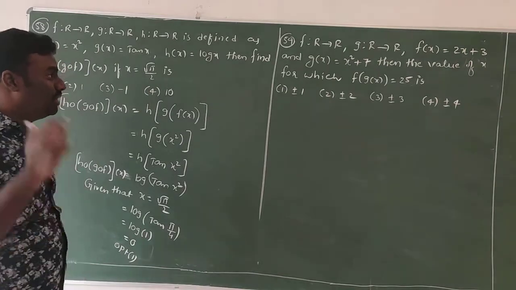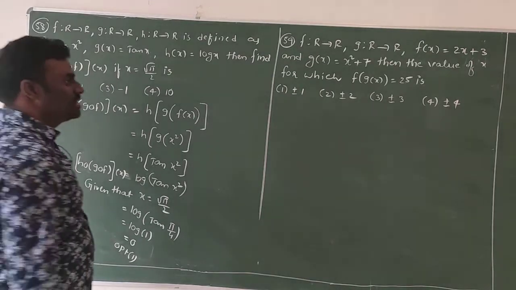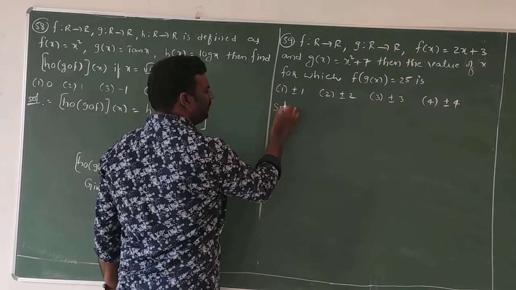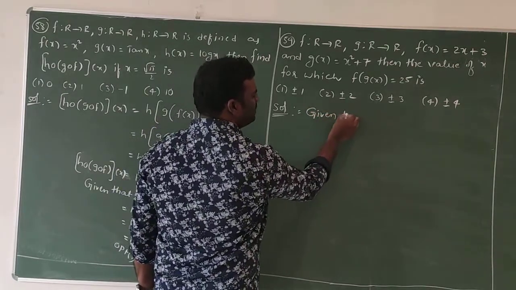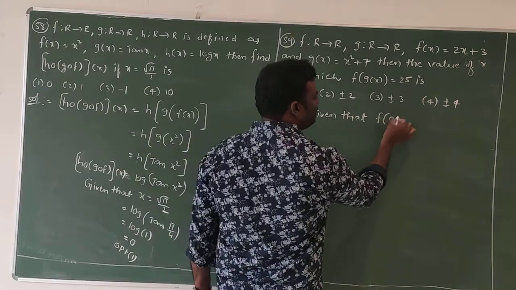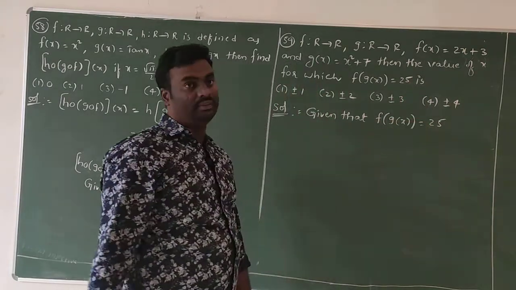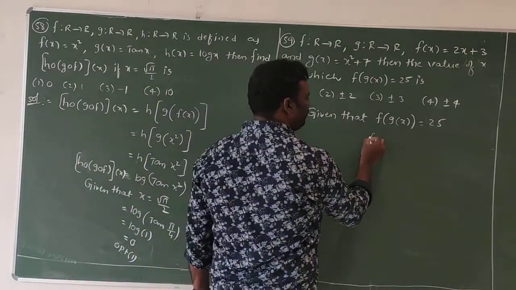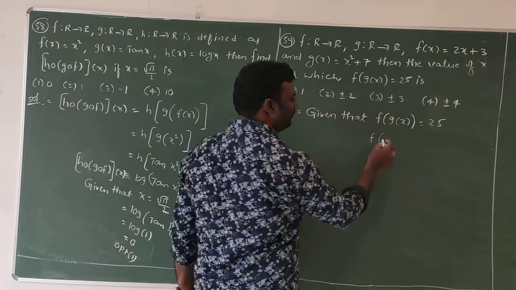So here we need to find the value of x. Okay, first solution, given condition, given that f of g of x is equals to 25, then f of what is g of x? Already we know x square plus 7.